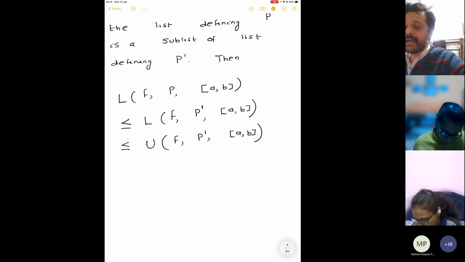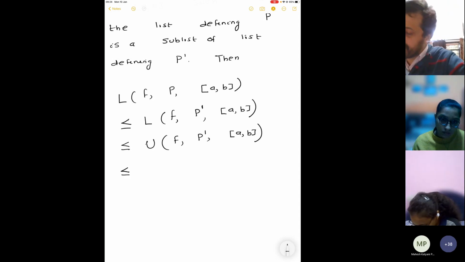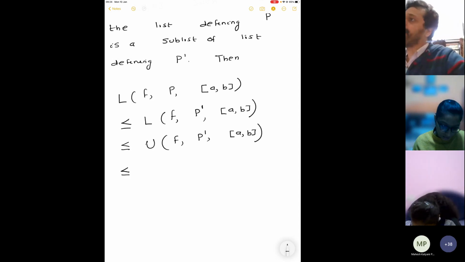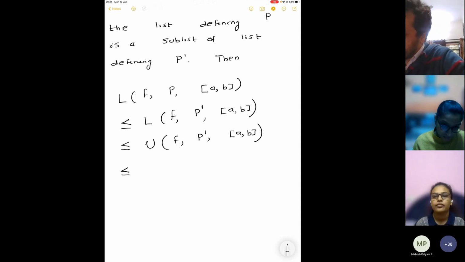But when you compare upper Riemann sum corresponding to two partitions, the upper Riemann sum corresponding to the finer partition, the partition with more points, will be less than or equal to the upper Riemann sum corresponding to the original partition.